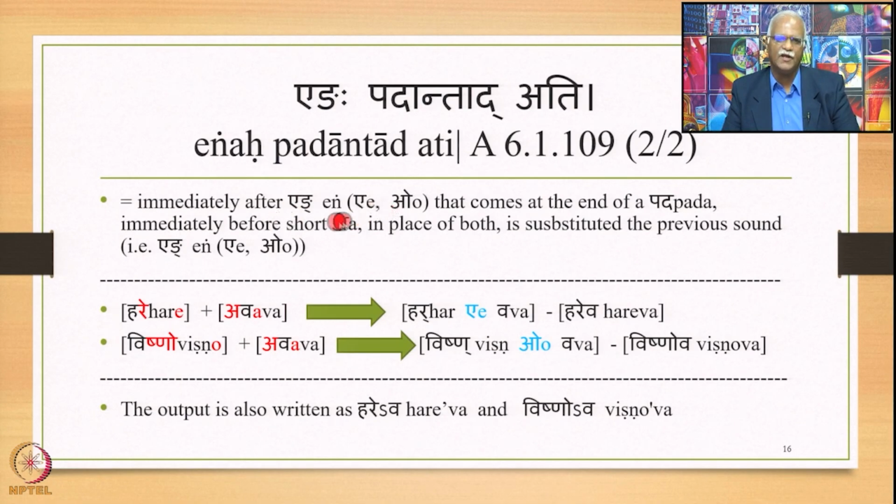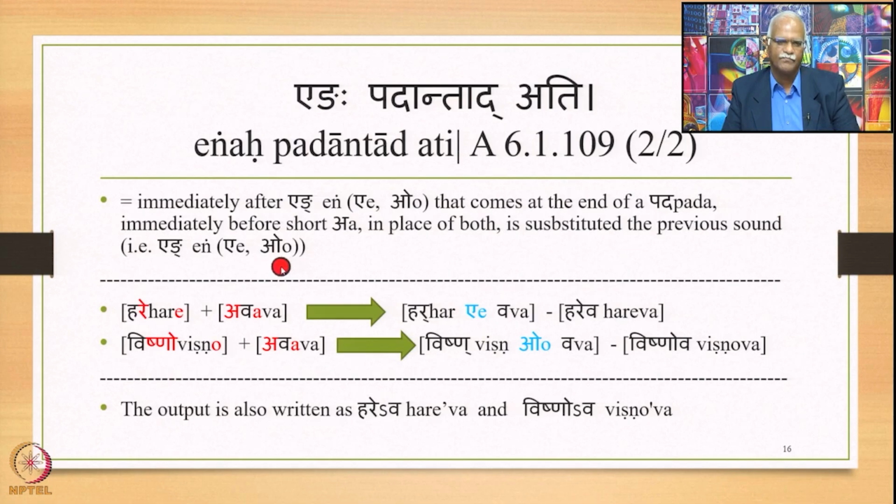So immediately after a or o, that comes at the end of a pada, padantat, and immediately before short a, ati, in place of both, purva parayoho, is substituted the previous sound, that is purva rupa. In this case it is eng, which is a or o.